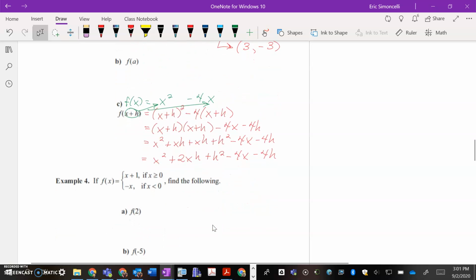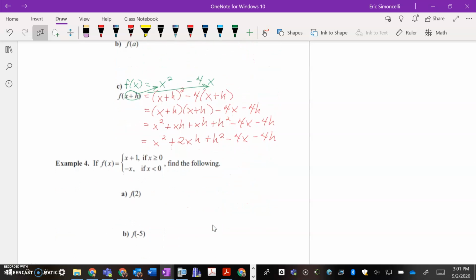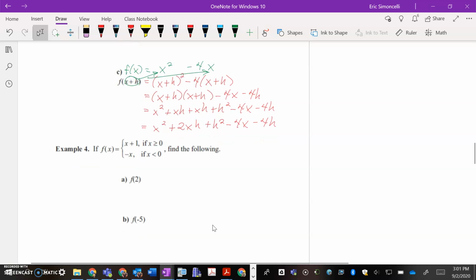I'm going to scroll down here. I think example 4 you should be able to take a look at and figure out that this parameter restricts us to only numbers greater than or equal to 0 and this parameter restricts us to numbers less than 0. You'll pick which function piece appropriately.